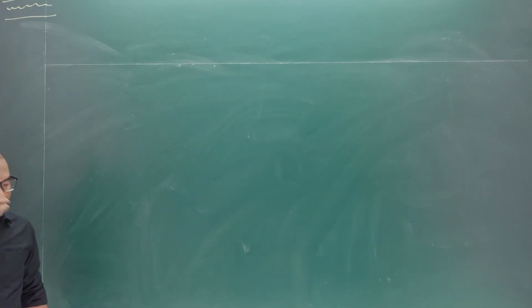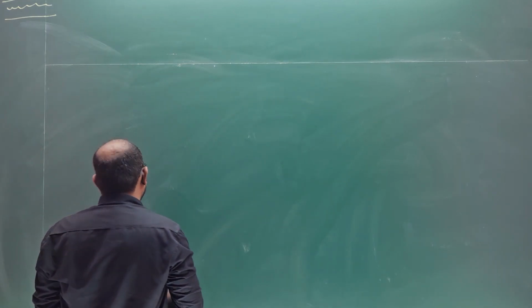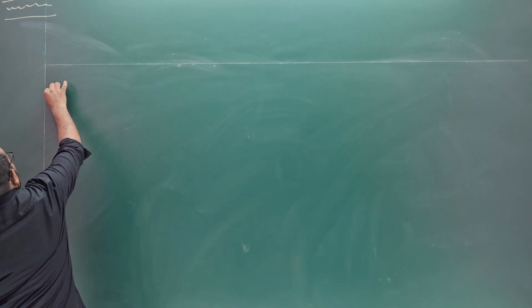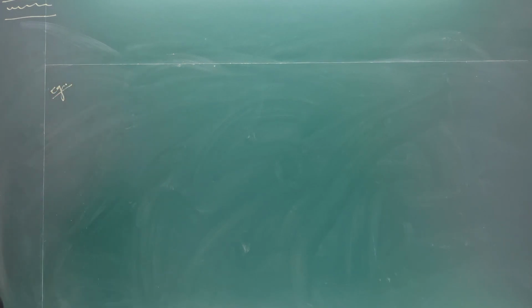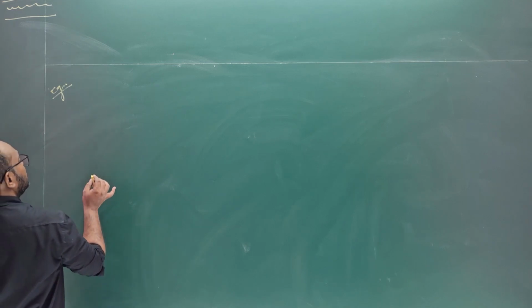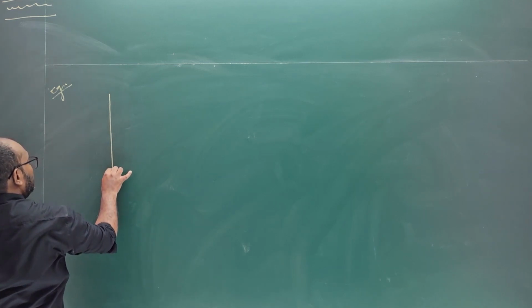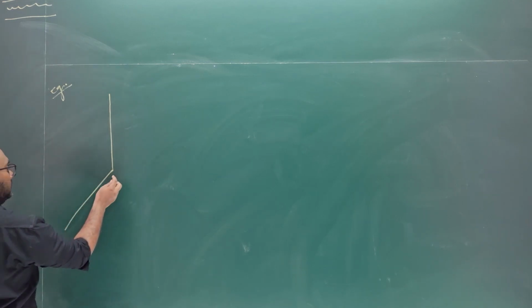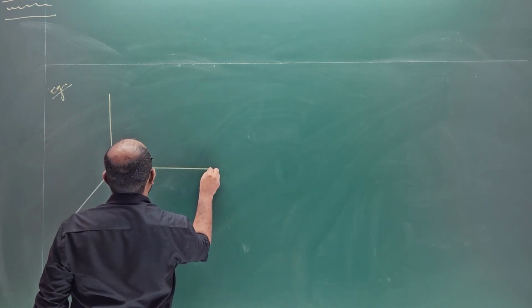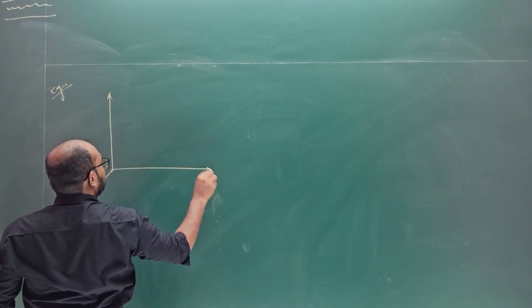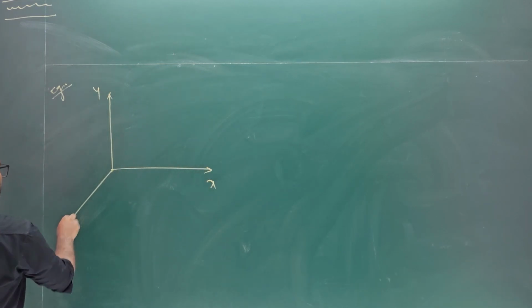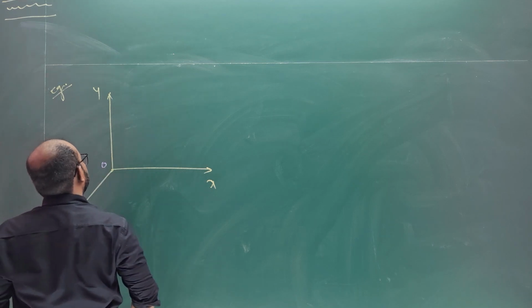Last example on this. Then we will be moving to speed and velocity. Okay. Question is, this is your x-axis, y-axis, this is your z-axis, and this is your origin.